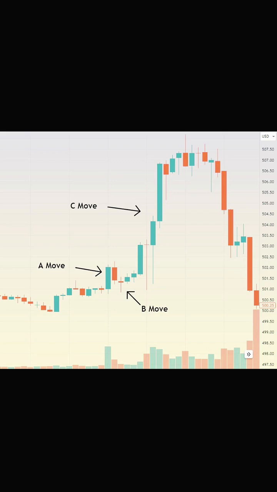The wick represents the high or the low. So remember, if this is a 5-minute chart, each candlestick represents 5 minutes that just went by. During that 5 minutes, the bottom of the candlestick tells us where the price was at that moment.